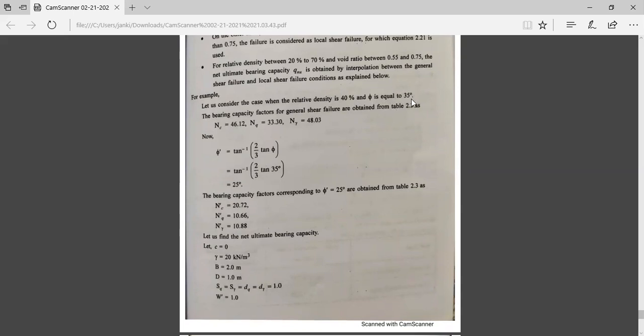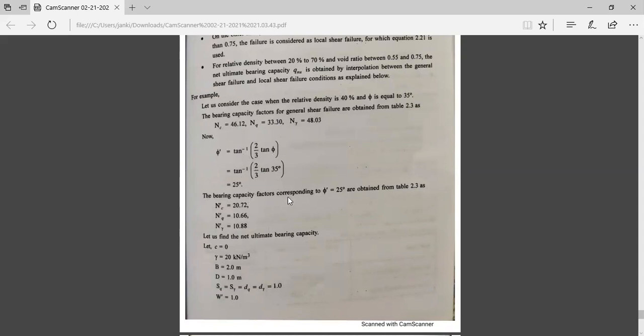According to the 35-degree value of phi, we find the values of NC, NQ and N gamma. Then, to find phi dash, the equation is tan inverse of 2/3 tan phi. The phi value is already known from the example, which is 35 degrees. Putting this value in the equation, the answer is 25 degrees.